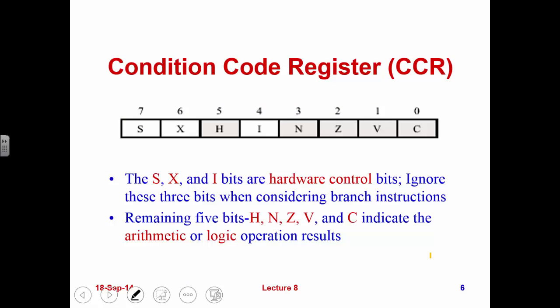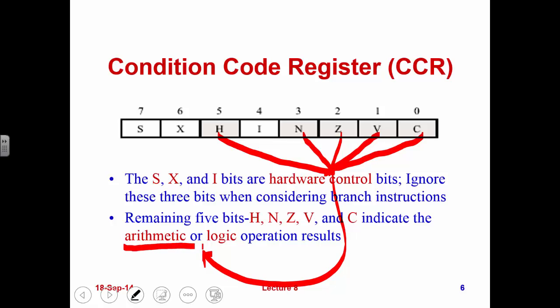So here we go. The bits we are more interested in, the bits mainly serving as conditions of branch, are those bits, for arithmetic and logical operation.